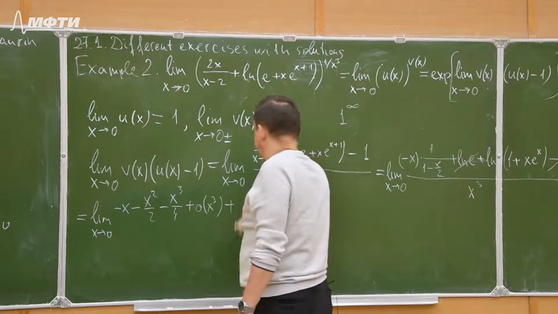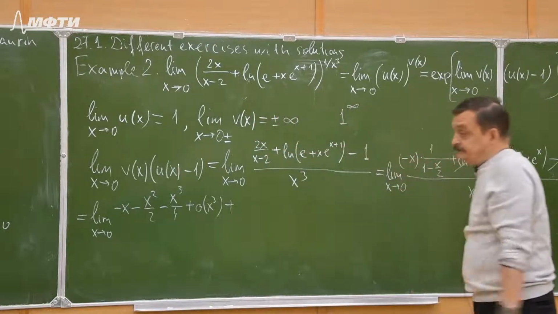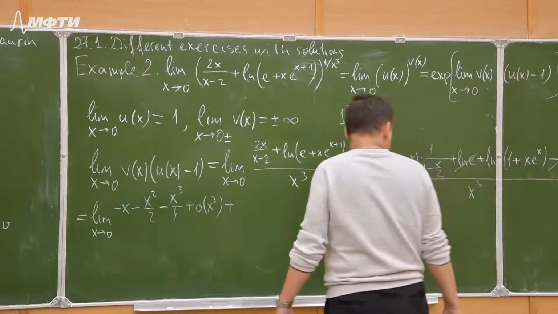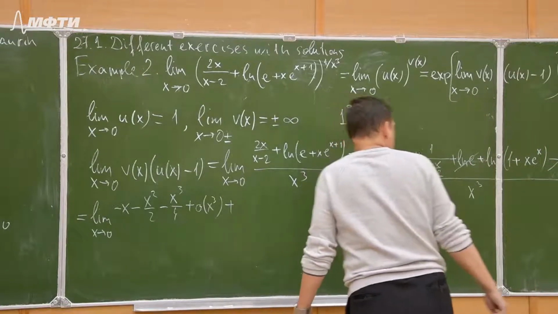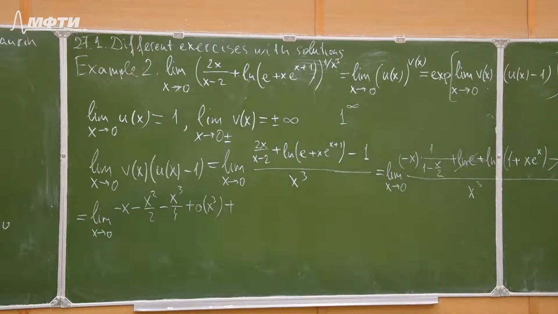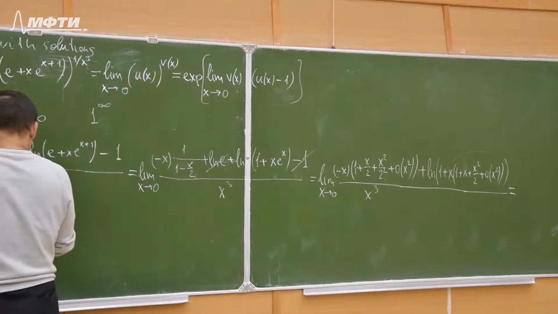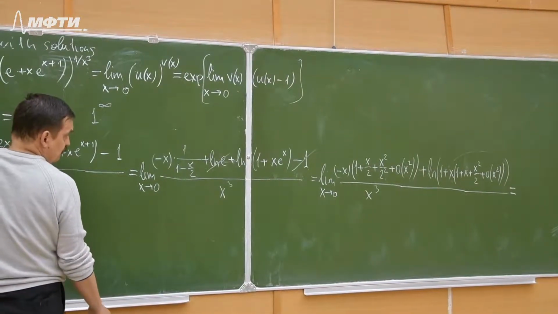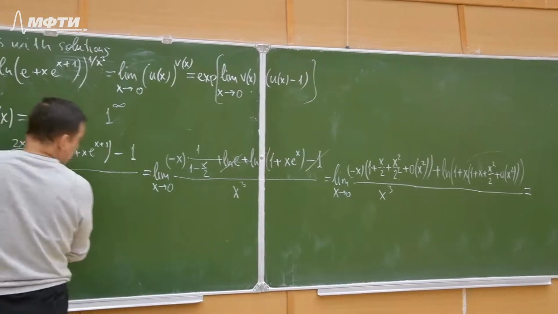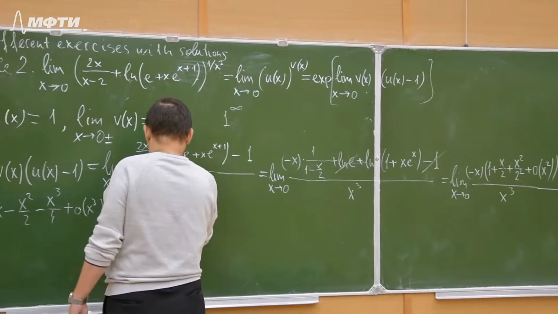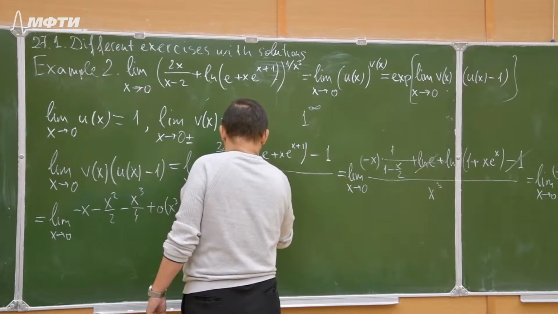plus, now we use the last main expansion in Maclaurin formulas for logarithm, and there is our variable which we substitute. So I'll start with this variable, which is x plus x squared plus x cubed over 2 plus little o of x cubed.